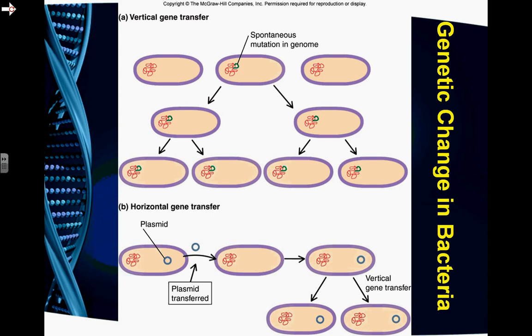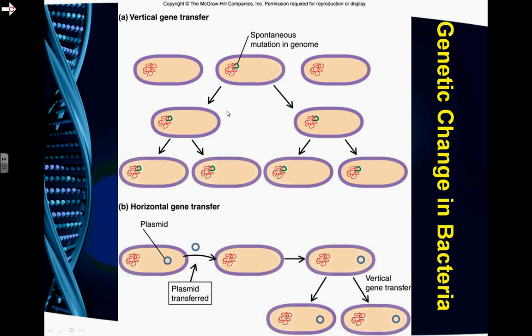We'll talk about how all that can come about later. Let's just take it at face value for right now. That little green piece is a mutation. These don't have it. The one on the right and the left don't have it, just the one in the middle. When this cell takes that DNA and replicates it, that mutation replicates also.